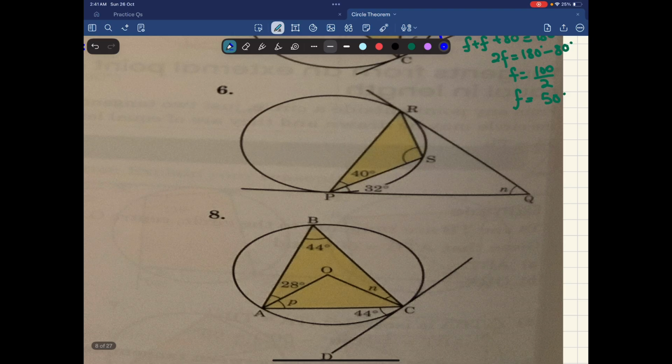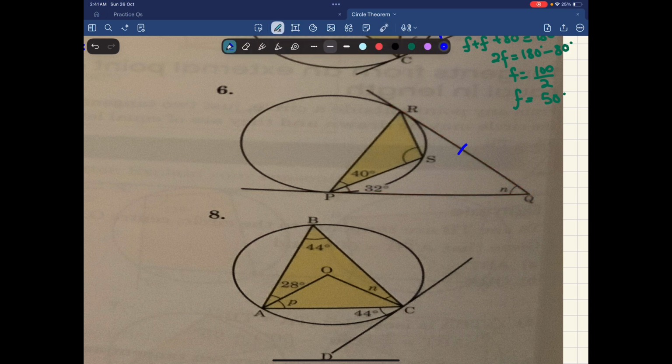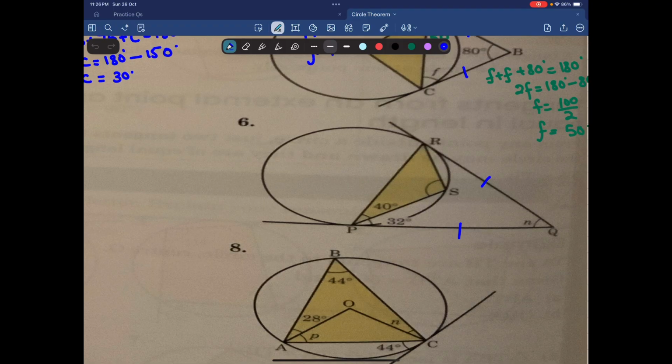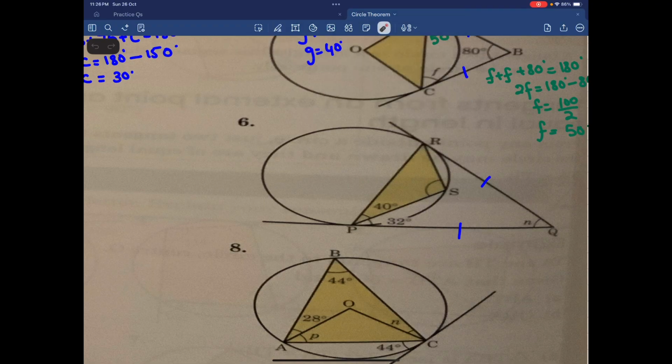Okay, so again, external point, two tangents. So these are going to be equal. Let's mark them as equal, and we again do not have the center marked. So let's look at triangle PQR. This is an isosceles triangle because of the tangent kite properties.